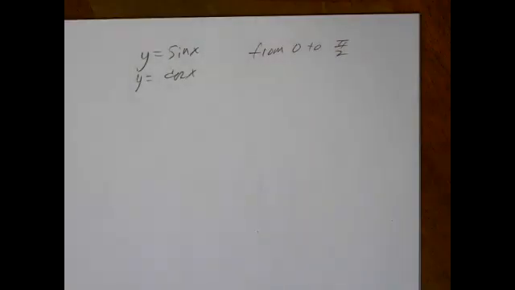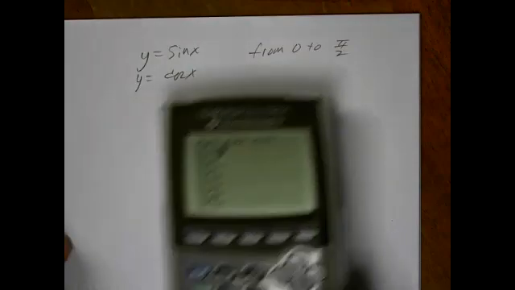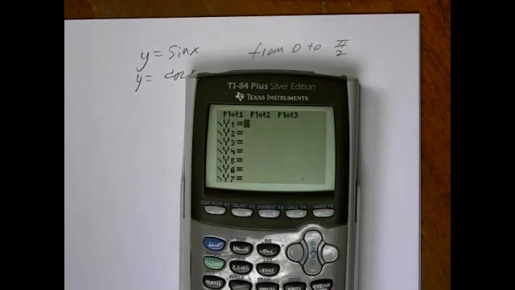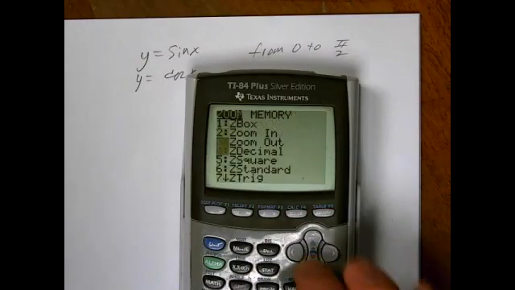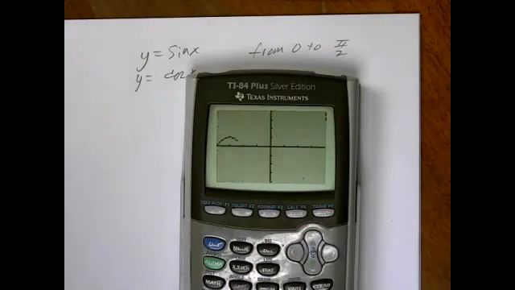All right, so if that's what we wanted, again, as I've said, you definitely want to know what your region looks like. And of course, you know what sine and cosine look like. But just for a little bit of help from the calculator, if I put in sine of x, and then I put in cosine of x, and do a zoom trig with those, it will draw sine of x first. So we need to remember which one's which. There's sine of x.